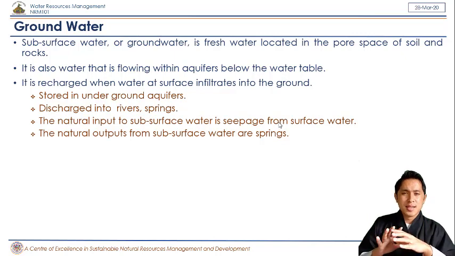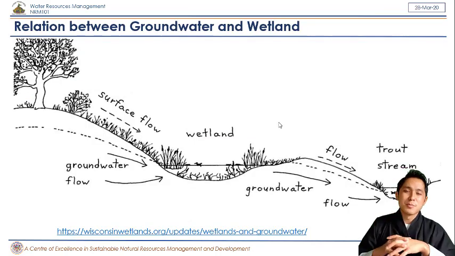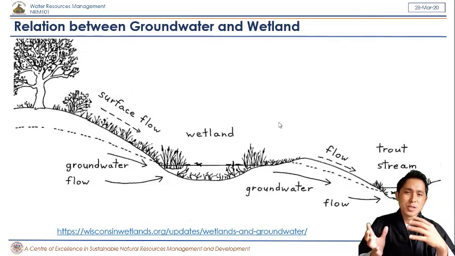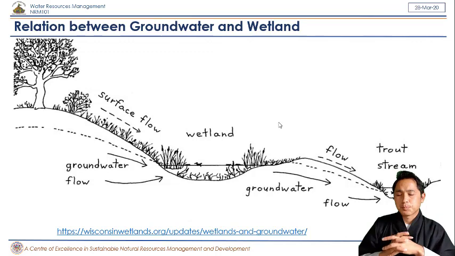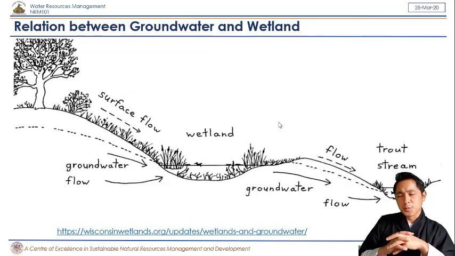It's just because it is coming from the hidden water which is under the ground. So from that slide, we just basically have to know what is natural replenishment and what is natural output from groundwater, that's spring.